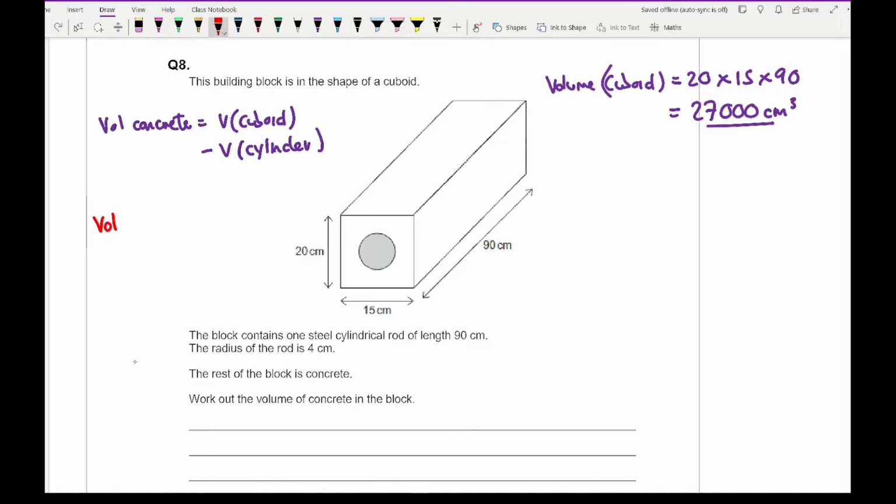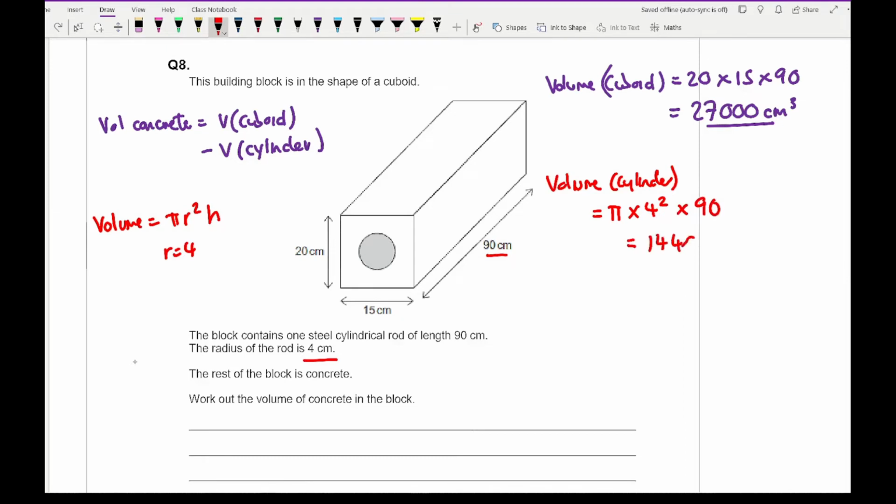So the volume of a cylinder, remember, is pi times r squared times h. So the radius, it says, is going to be 4. So the volume of the cylinder is going to be pi times 4 squared times the length, which is 90. And typing that into my calculator, I get 1440 pi.